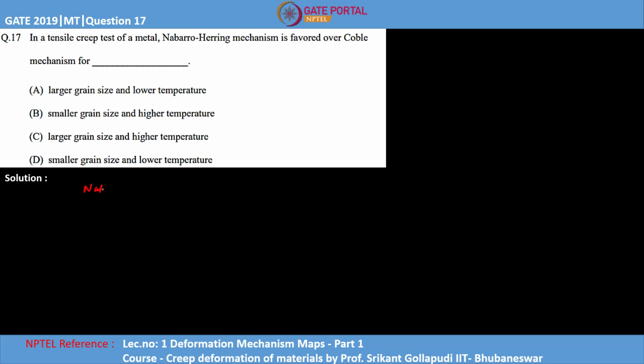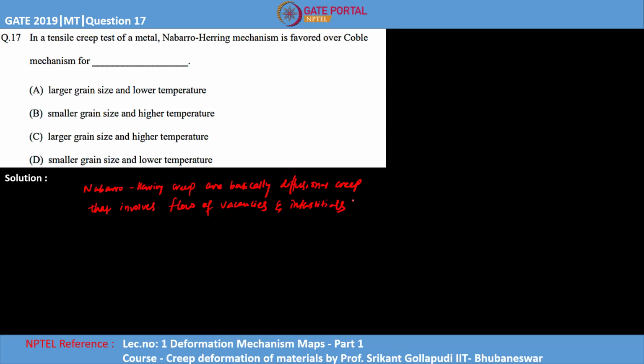So Nabarro-Herring creep is basically diffusional creep that involves flow of vacancies or interstitials through crystals.